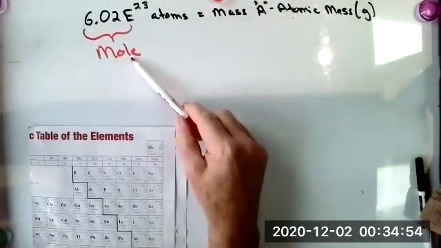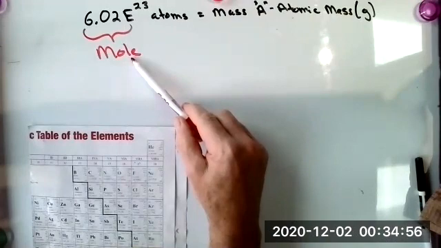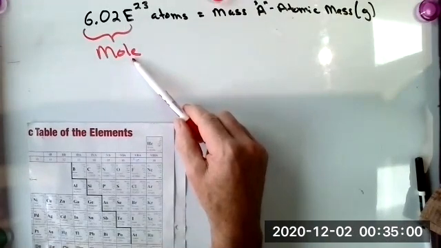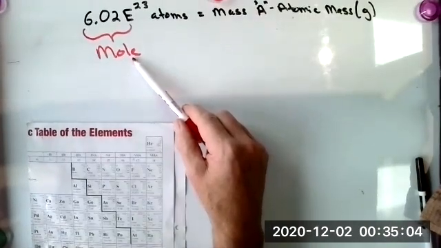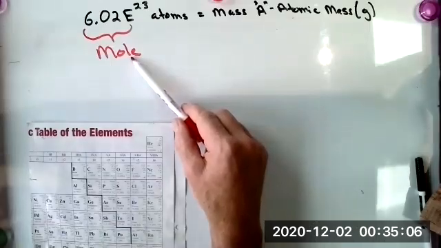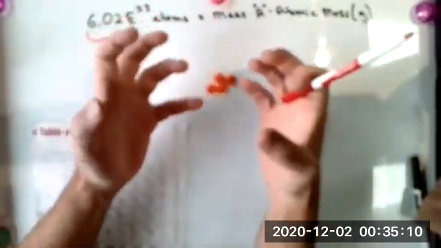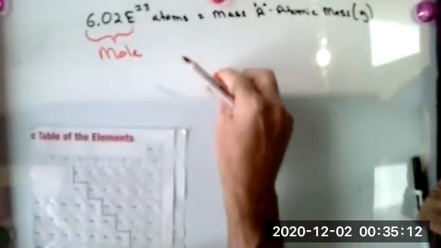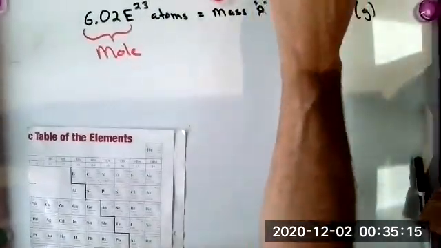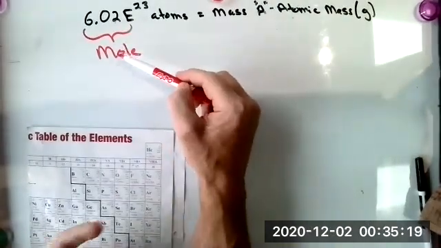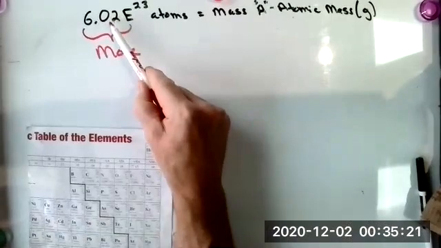So the German and Italian physicist who was working on this, if you translate how he described his work to English, it comes out to be a mole. It's actually called a pile, is what he used, because you need a pile of atoms large enough to mass, is what he was working on. So they gave that number a name. So now if you see a mole, the mole is that.